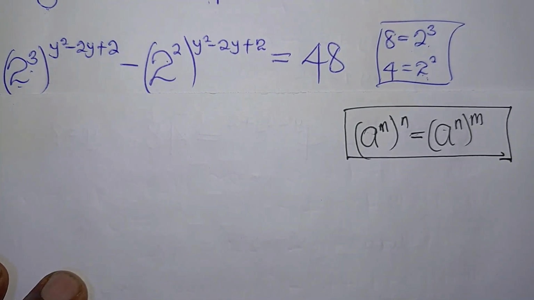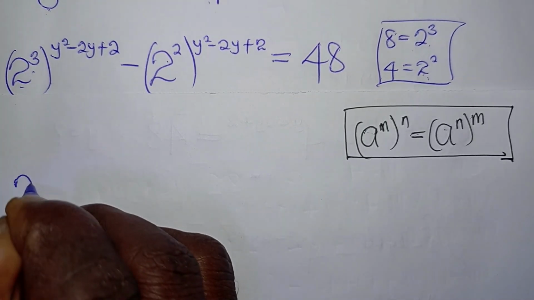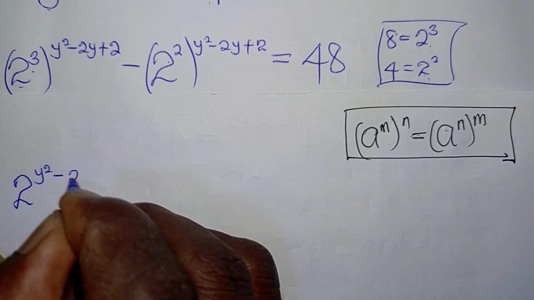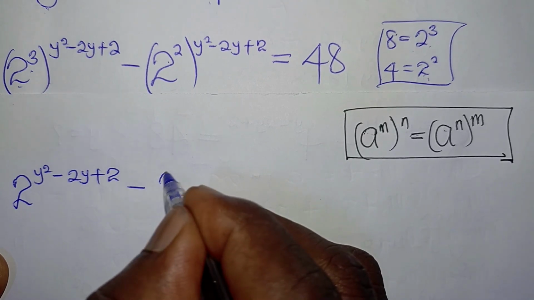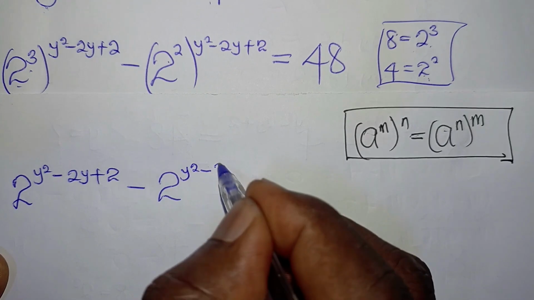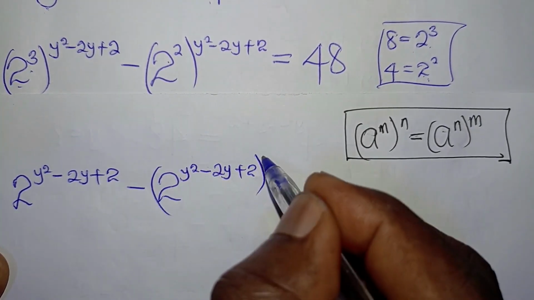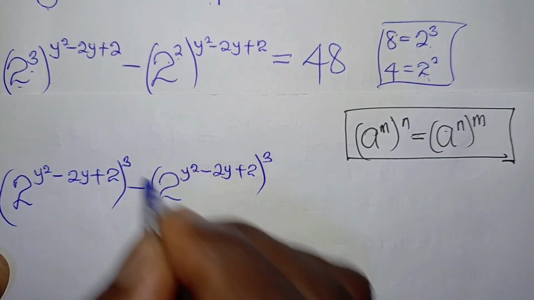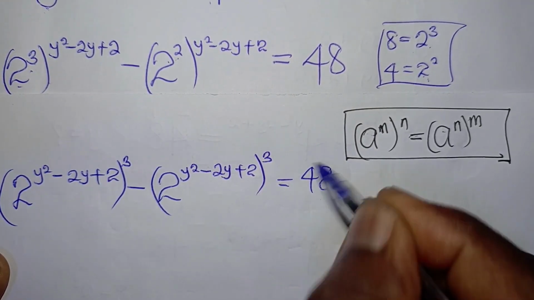The equation will now become 2 raised to the power y squared minus 2y plus 2, all raised to the power 3, minus 2 to the power y squared minus 2y plus 2, all squared. That's for the square here. Raised to the power 3 for the exponent that is here, equals 48.